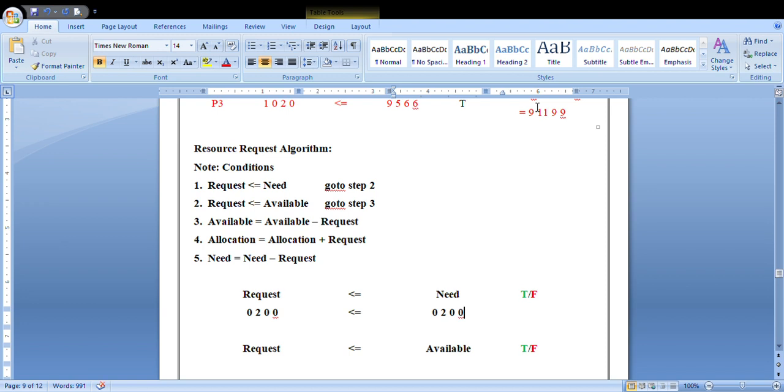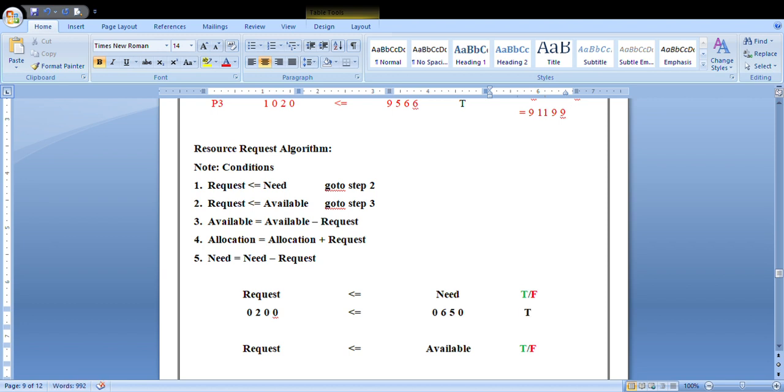Sorry, the need value is 0 6 5 0. This is the need value of the P1 process. Now you have to check whether the condition is true or false. If the request value is less than the need value, the condition is true.